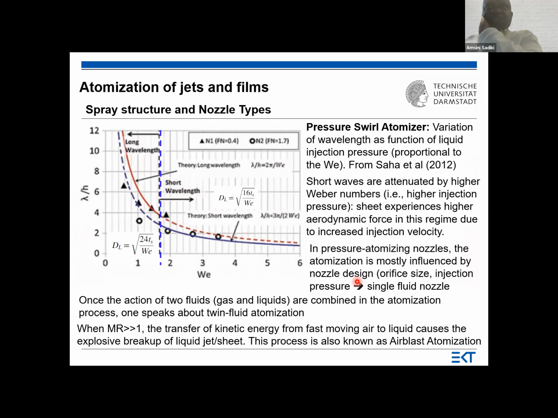So the criteria is given by this expression here. We see that we have the short wavelength, and here we have long wave. So it is defined by this criteria.